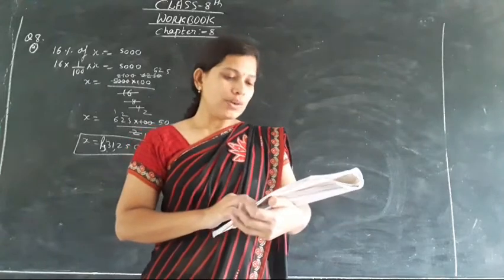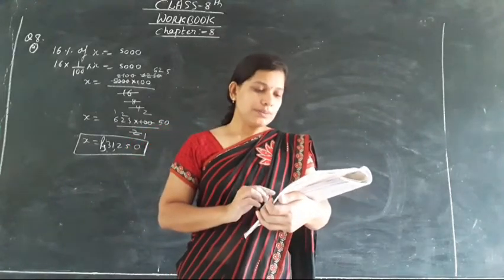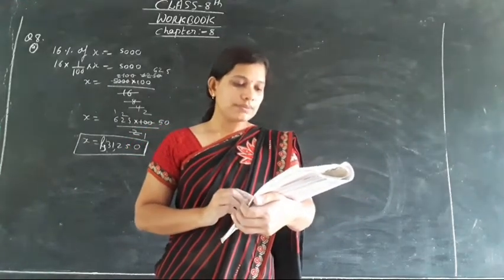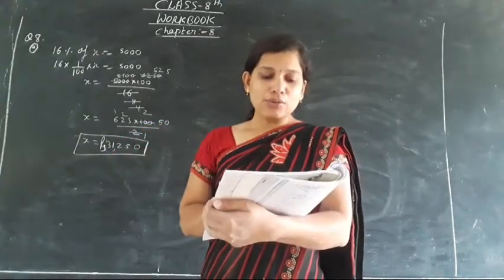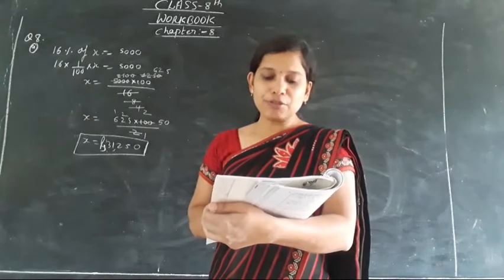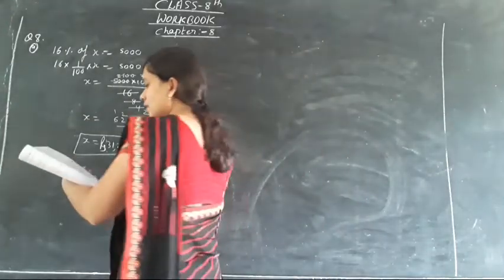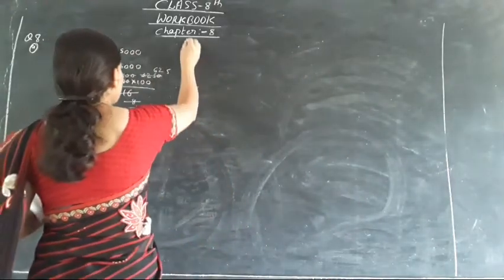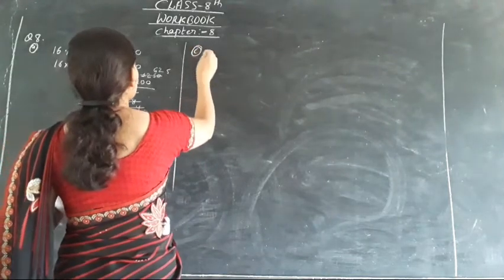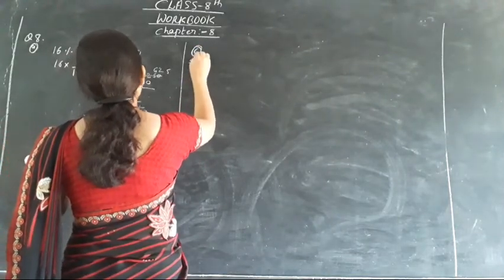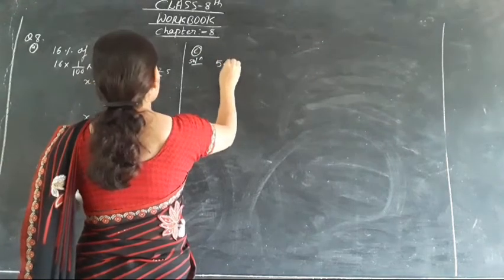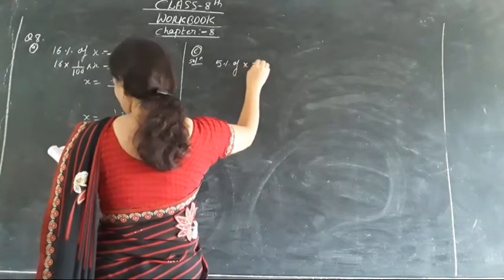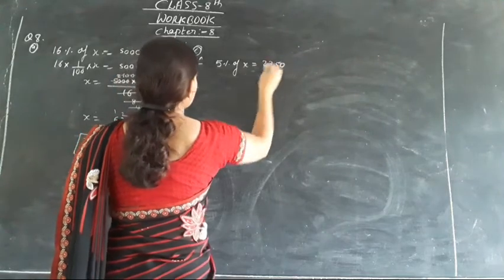Okay. Now moving toward the second part of the question. The B part: 5% of a circle is 2,250, find the percentage of the circle. So here in this part, you have to consider let the circle percent be x, isn't it? So 5% of x is equal to 2,250.